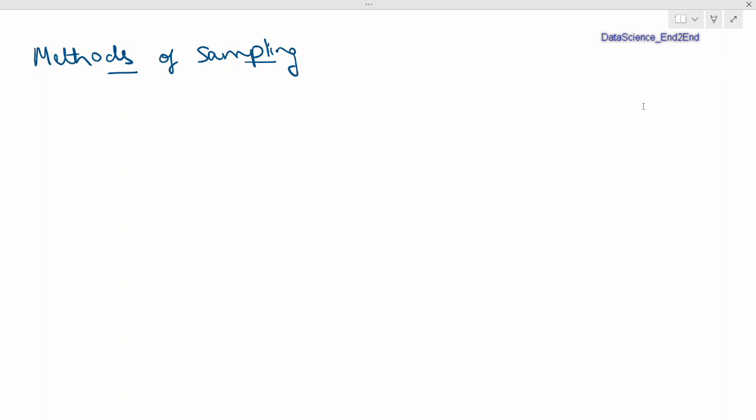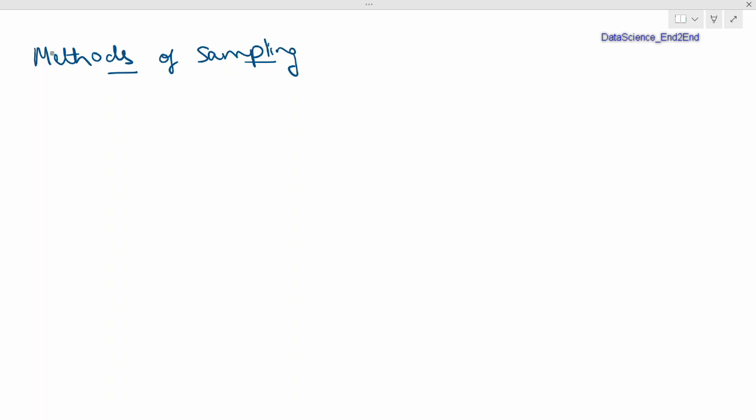To avoid an inherent bias in the selection process, we have different sampling methods. They help you select the best possible sample from the population, making sure there is no inherent bias in your research.